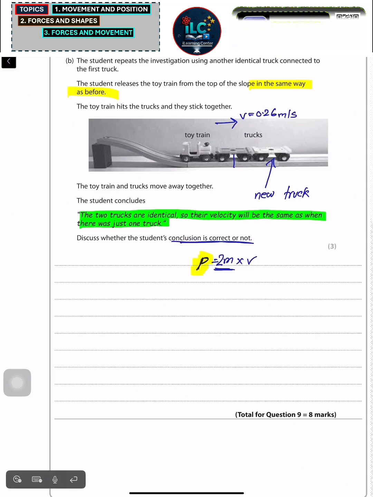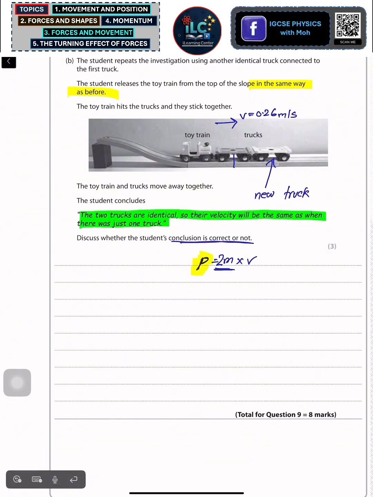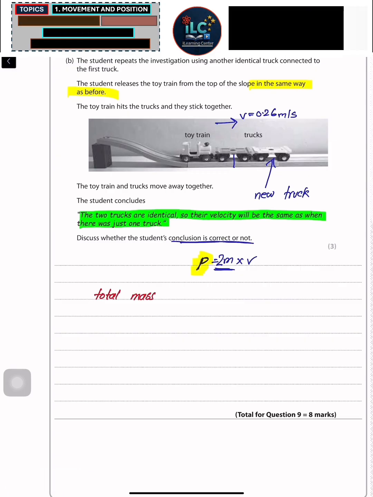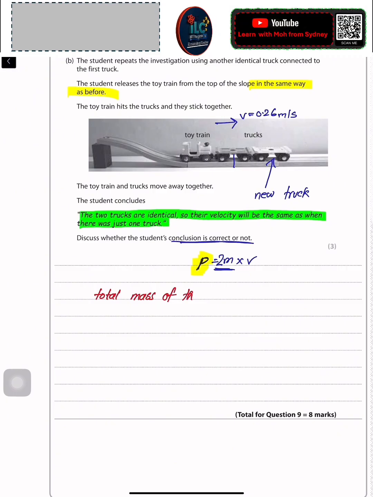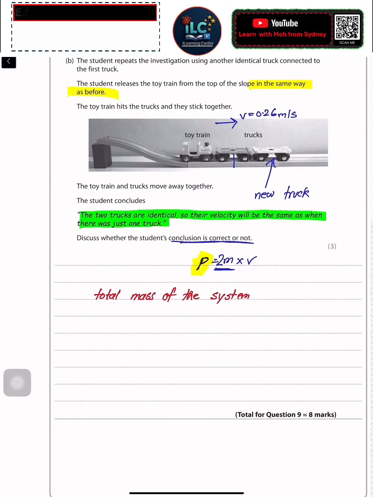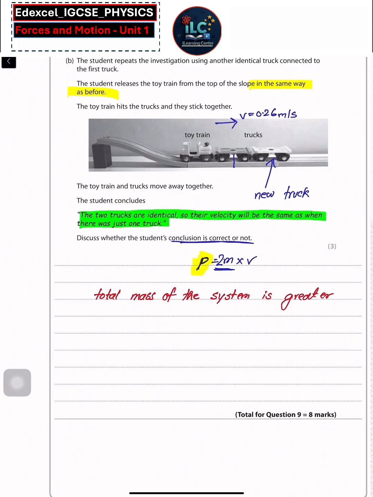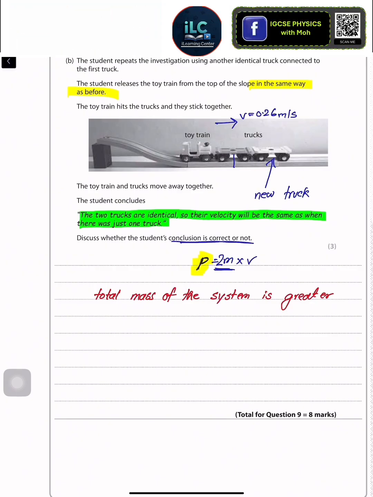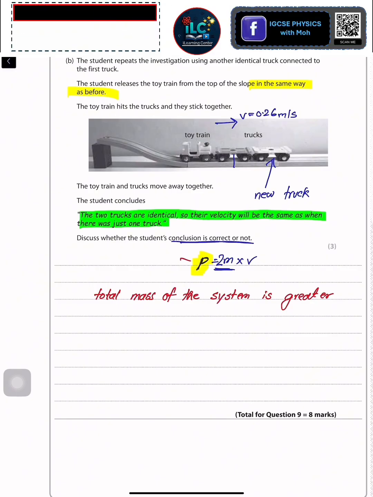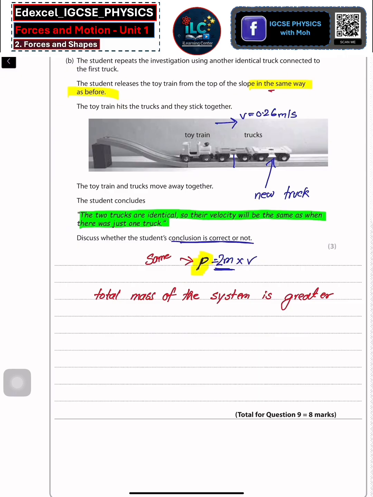The first thing we will say is that the total mass is now greater. Then we'll say that total momentum is the same as before, because I just mentioned that this was the same. We didn't change. It says here the same way.